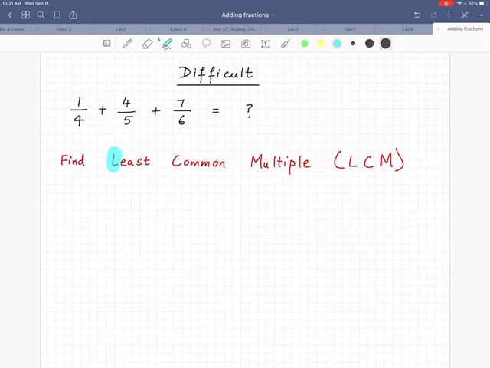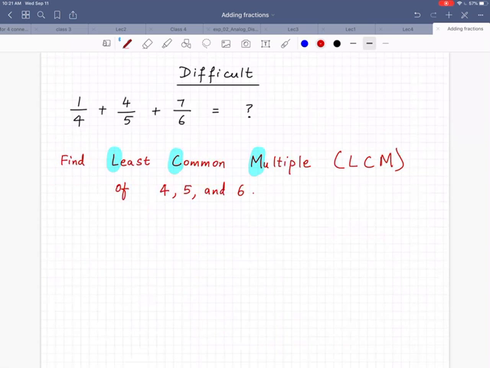And it's called LCM because that is L, that is C, and that is M. So find the least common multiple of 4, 5, and 6. Those are your 3 denominators.